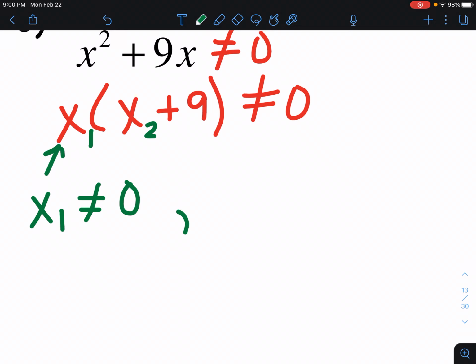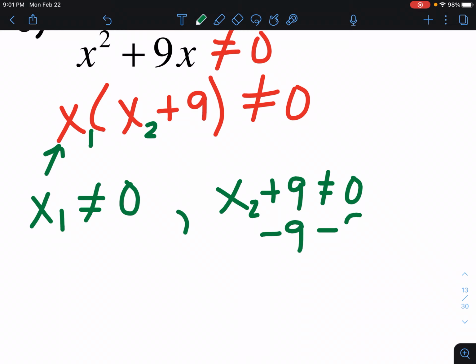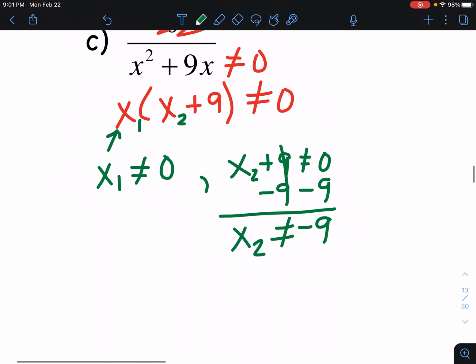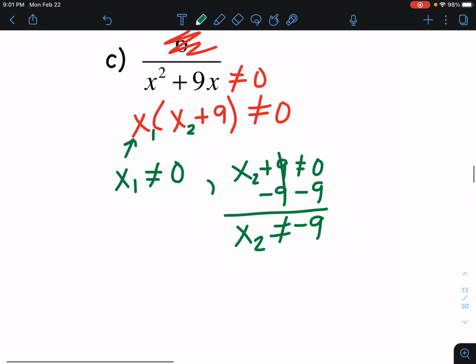And we also can say x2 plus 9 cannot be equal to 0. Then we would subtract 9 and go, okay, our second x cannot be equal to negative 9. So to wrap up and summarize this problem, we would say x cannot be equal to 0 or negative 9.